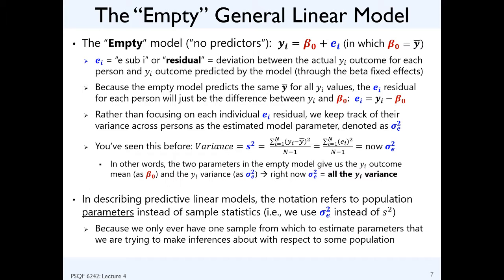Because we only have one sample, we're trying to make inferences about a population. So we just sort of assume that everybody recognizes that, and all of the notation is population notation, which is why we use betas, which is why we use sigma squared rather than s squared.